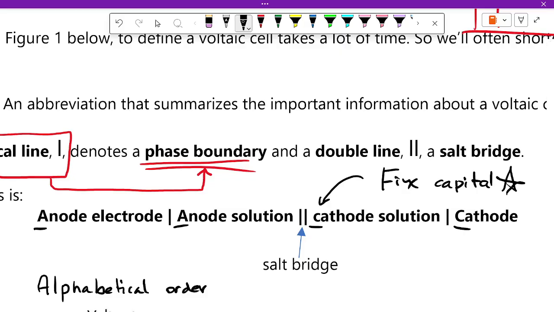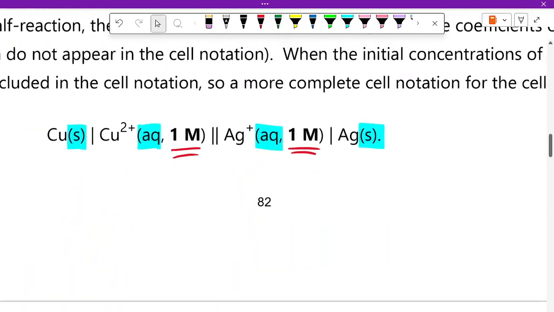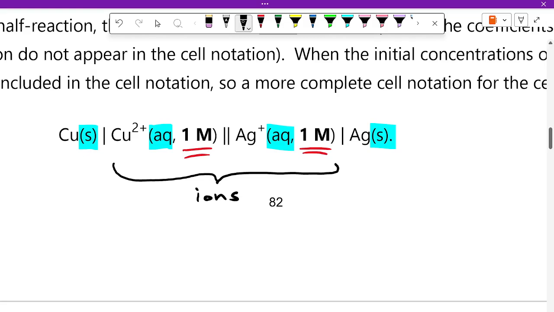And sometimes people call this an ion sandwich because what ends up being in the middle are the ions.